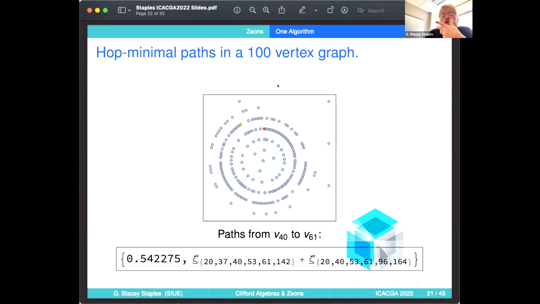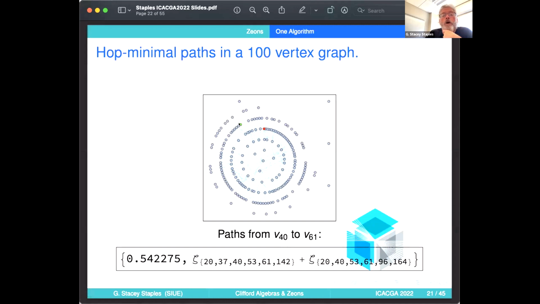So here I've got a 100 vertex graph, and I just generated it randomly. Basically, I took 100 vertices and made each pair adjacent with a certain probability. And then I just randomly selected 2 vertices. So V40 is the initial, V61 is terminal.